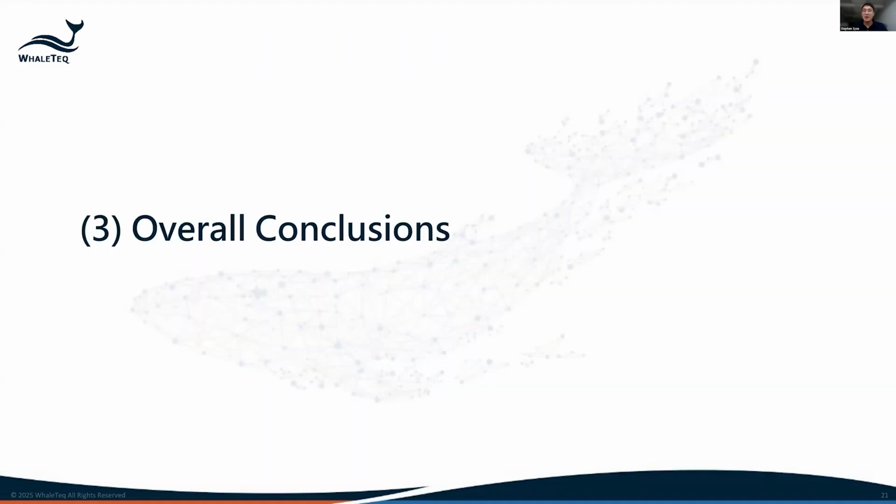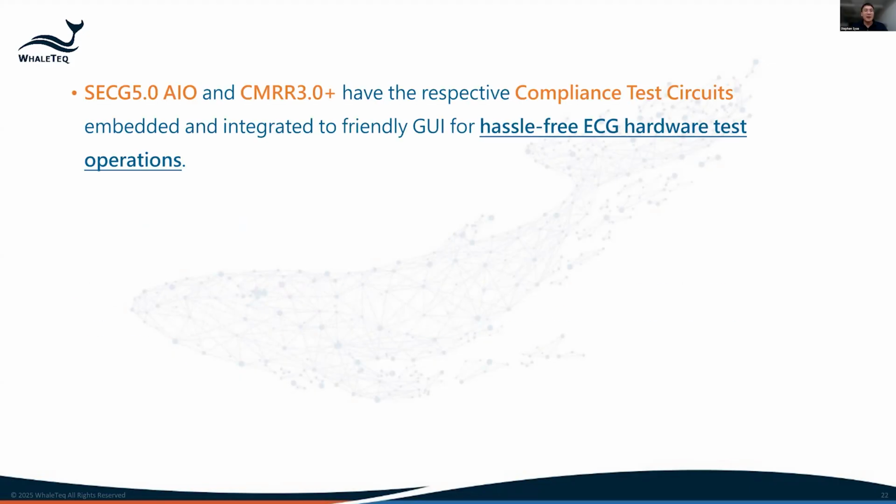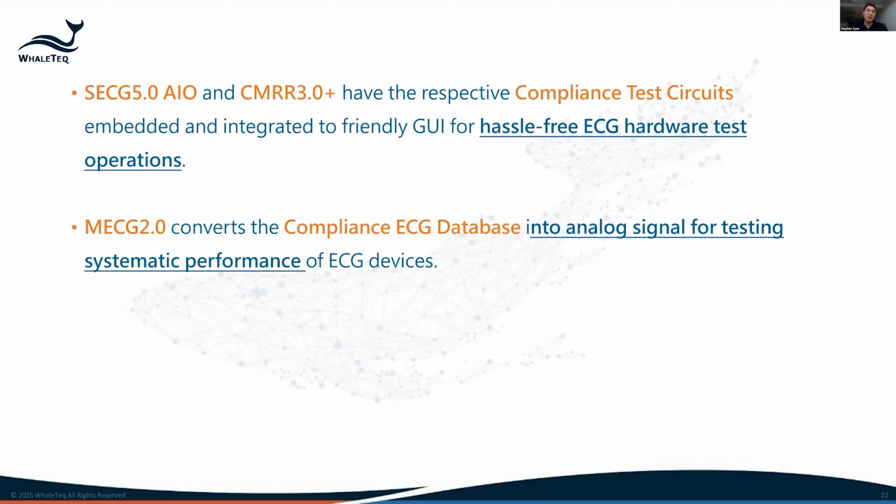So to wrap things up, let's summarize the WhaleTeq way. Integrated circuits: we embedded the compliance circuit into the SE 5.0 and CMR 3.0 Plus, no more breadboard. And analog databases: MECG 2.0 allows you to test your full system with a real-world analog signal.